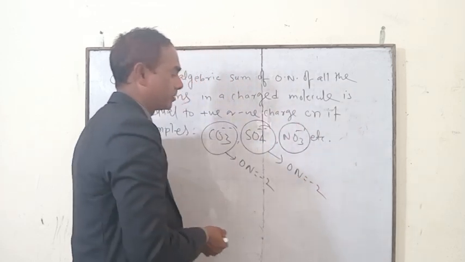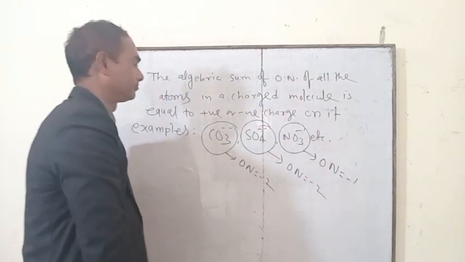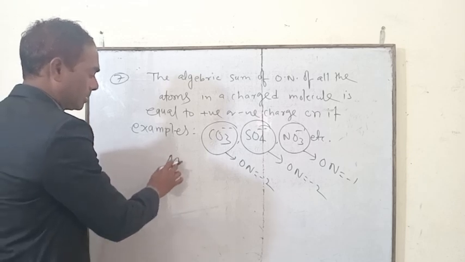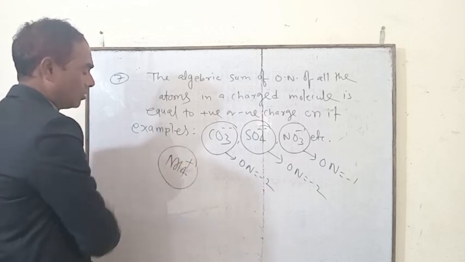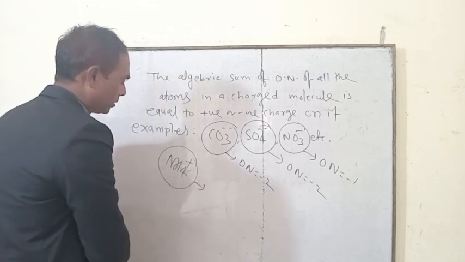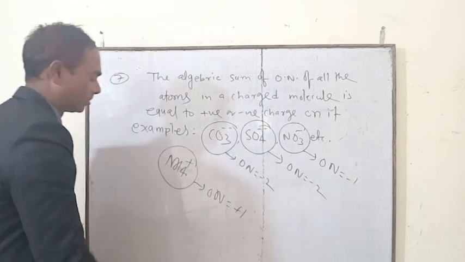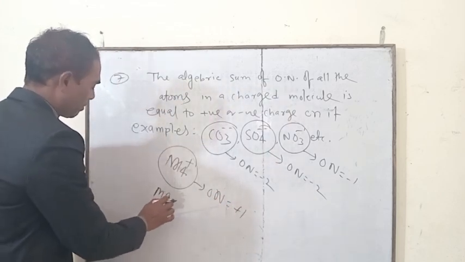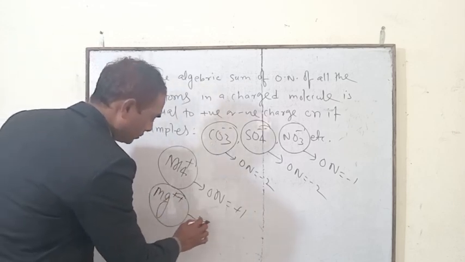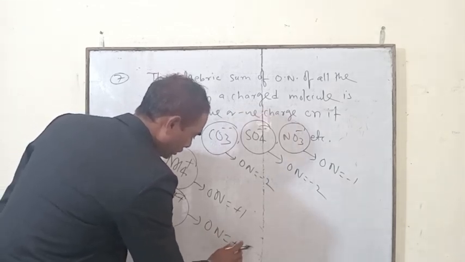In case of nitrate ion, oxidation number is equal to -1. In case of cation, like ammonium ion, it has one positive charge, that's why oxidation number of ammonium ion is equal to +1. If there is the magnesium ion, oxidation number of magnesium ion is equal to +2.